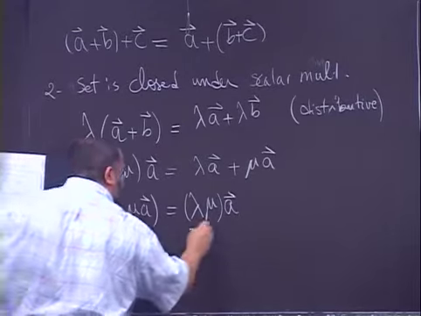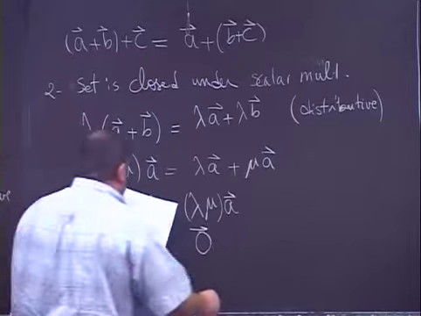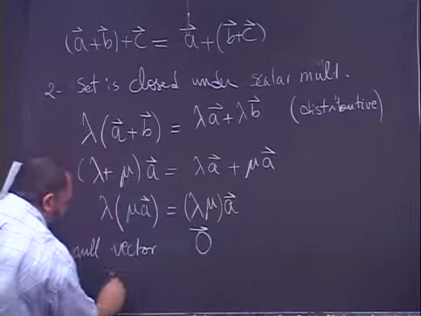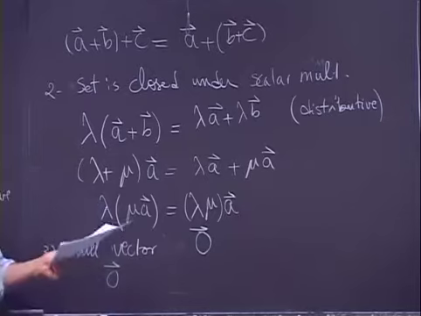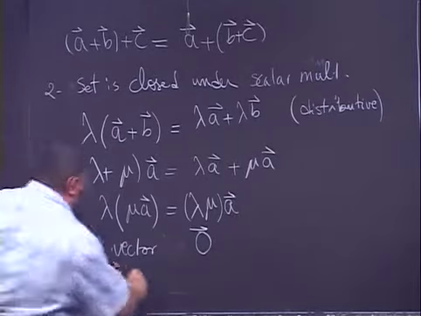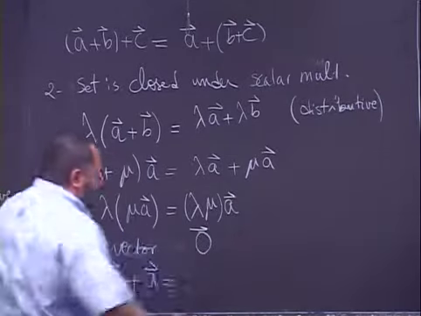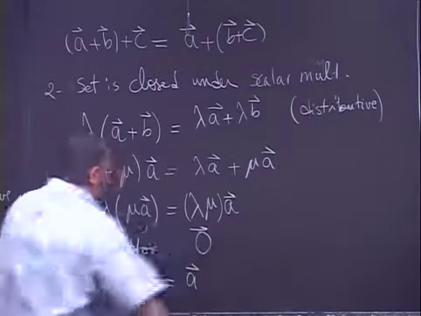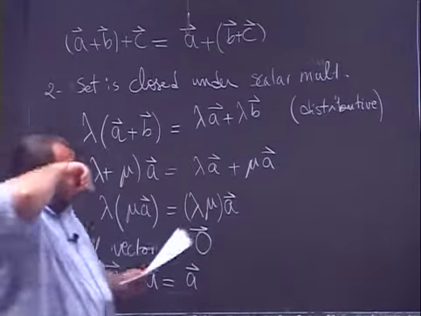So the null vector is O. And this null vector, we can write it as, if we add the null vector, meaning a vector with 0 components, to any vector A, it will give us the same vector A for all A's inside the vector space.